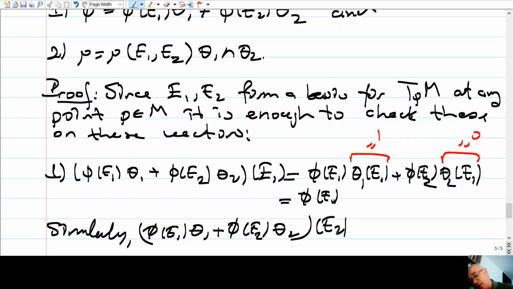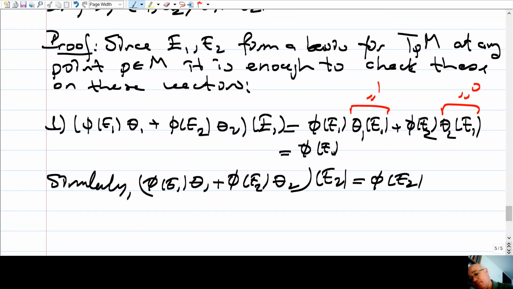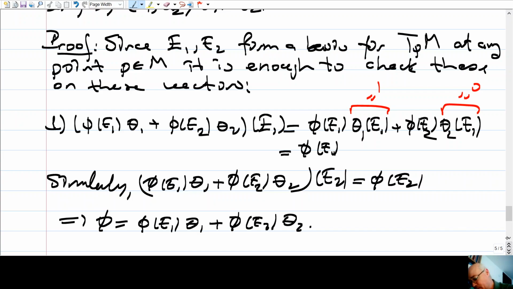So theta 1 of E2 is 0, theta 2 of E2 is 1, therefore this is just phi of E2. So what we see, this form and phi agree on both basis vectors. Therefore, phi is equal to phi of E1 theta 1 plus phi of E2 theta 2.